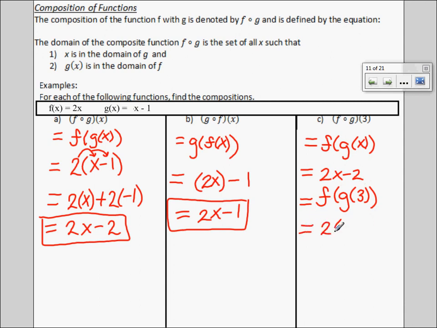So that just means take 2, replace x with 3, minus 2. So 2 times 3 is 6, minus 2. So our final solution is 6 minus 2, or just 4. And that is a composition of functions.